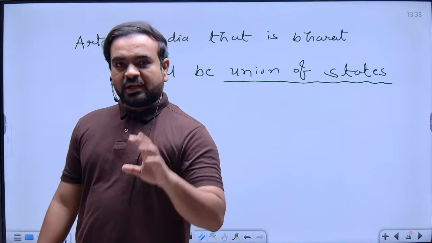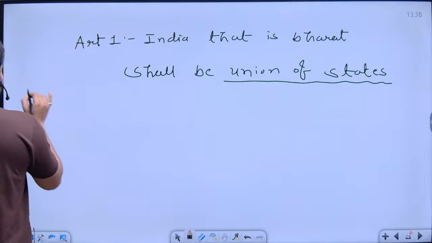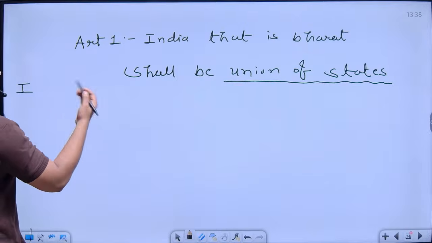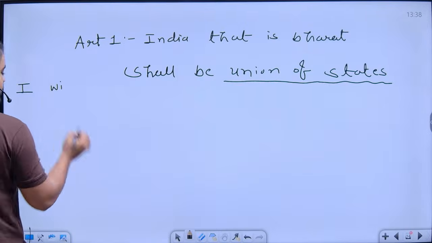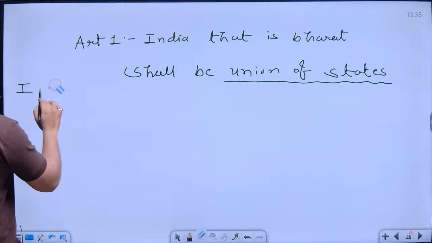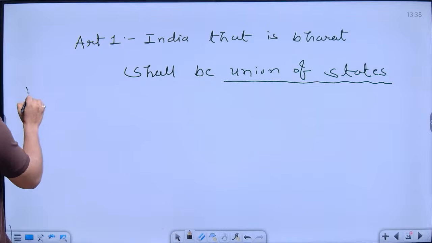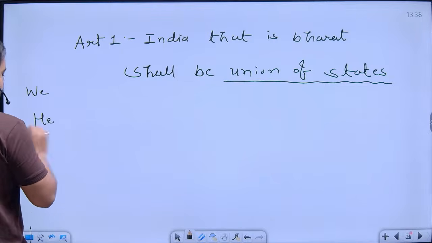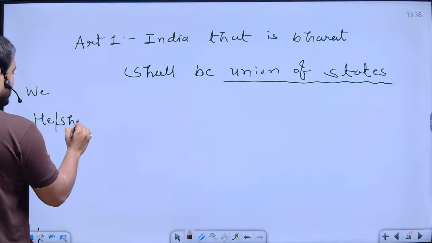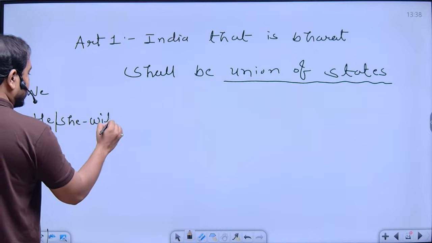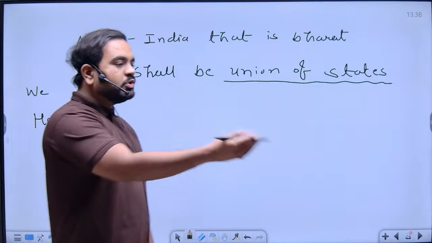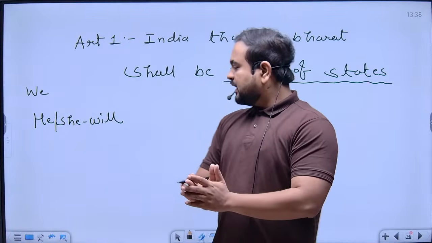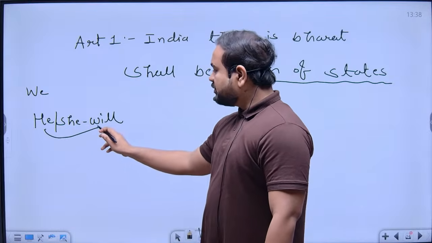In English grammar, with I, if I want to use the future tense, I can use shall and will. With we, I can use we shall, we will also. But if there is he or she, we particularly have to use will.